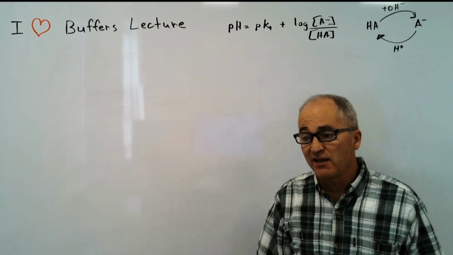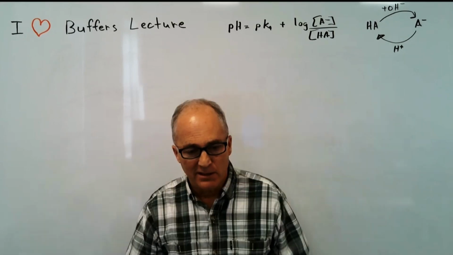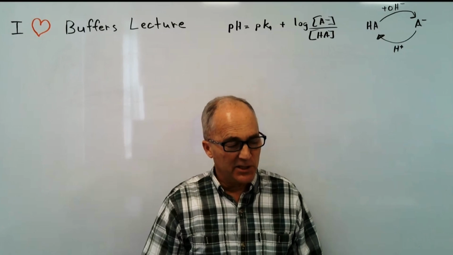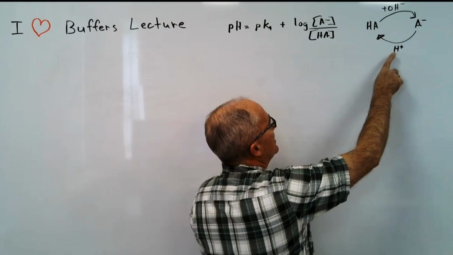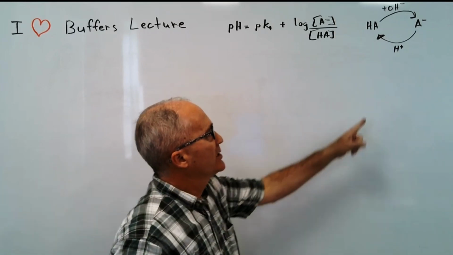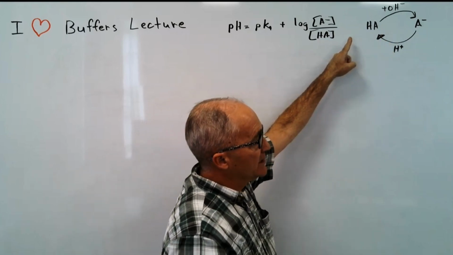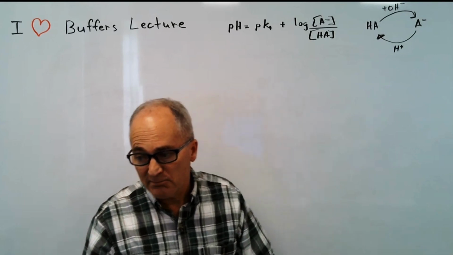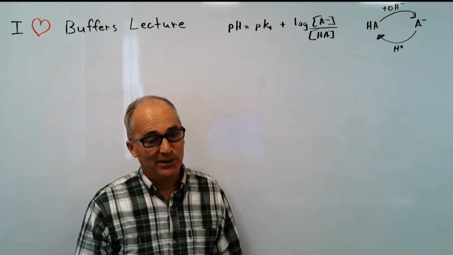A strong acid and its conjugate base is not a buffer. But a weak acid and its conjugate base resists a change in pH. That's because when you add strong acid, you can convert some of the conjugate base into weak acid. Likewise, whenever you add some hydroxide, you're going to convert weak acid into conjugate base. And that's about it. That's how a buffer works.